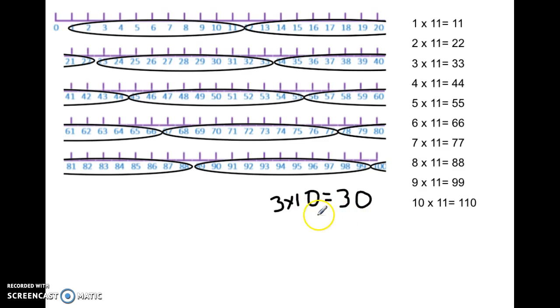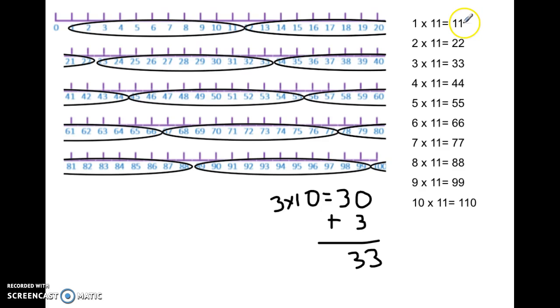So if I add that one more set of 3, then I get 33. So really, you have your 10 sets of 3, plus that one more, and that's why you get the double number. So that's a nice little trick to remember as you're looking at the 11s.